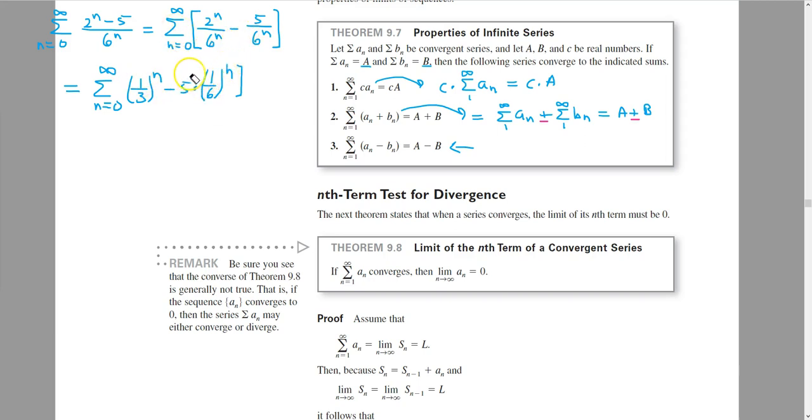I wanted to distribute my summation a while ago, so let me do that here before I write that 5 over 6 to the n.